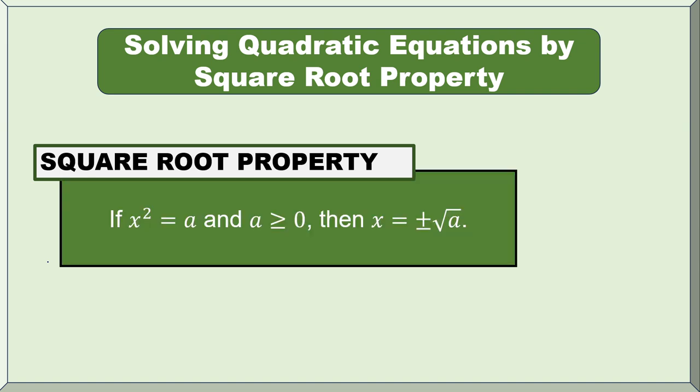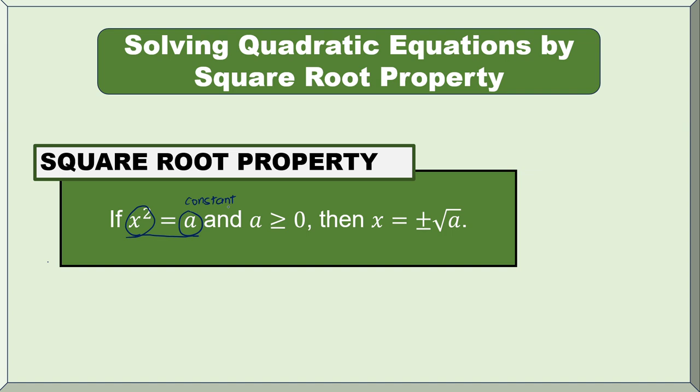It states that if x squared is equal to a and a is greater than or equal to 0, then x is equal to the positive and negative square root of a. So in the form of a square root property, we have here x squared equals a, wherein x squared is the quadratic term and a is the constant term.